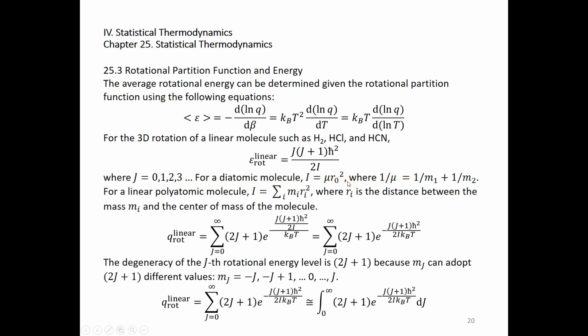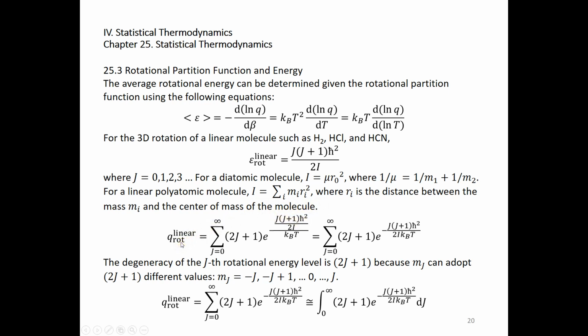Mu is the reduced mass: 1 over mu is 1 over m1 plus 1 over m2. For a linear polyatomic molecule, I is the sum of m_i R_i squared. Here R_i is the distance between the mass m_i and the center of mass of the molecule.